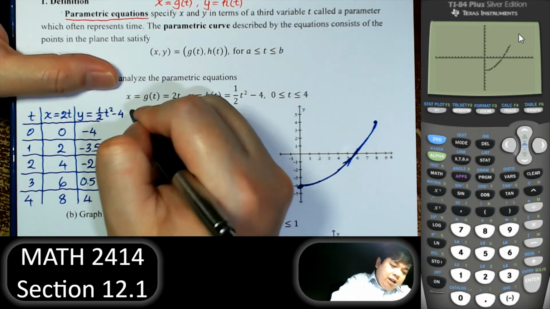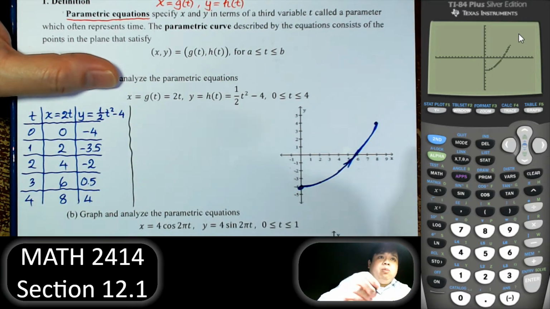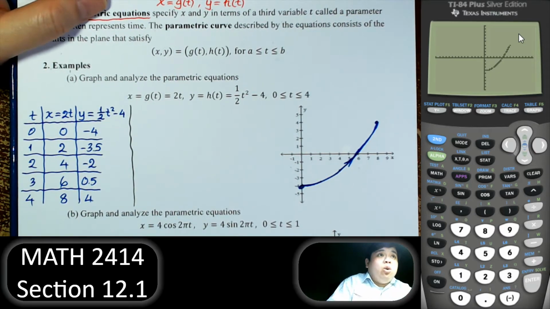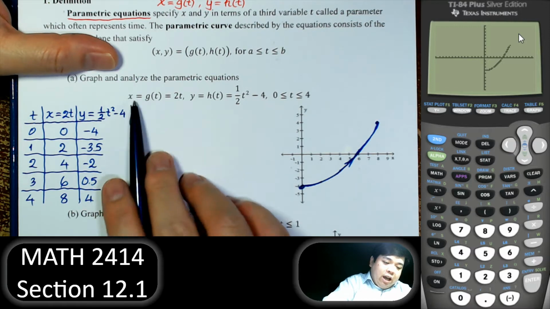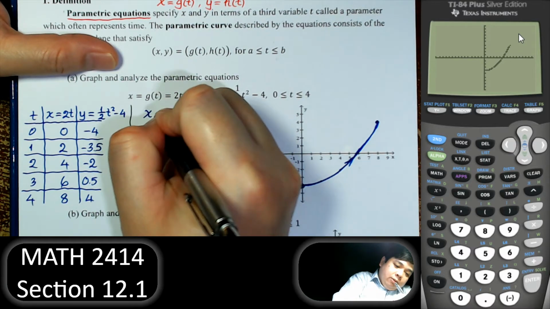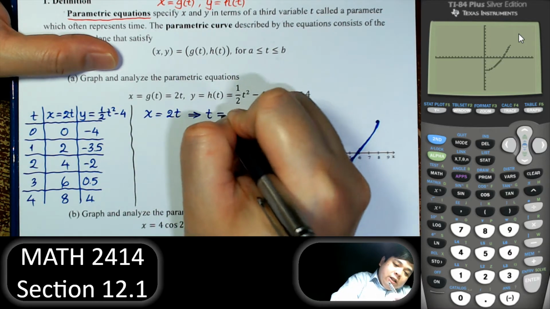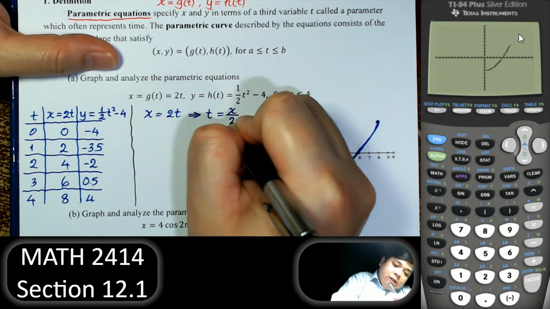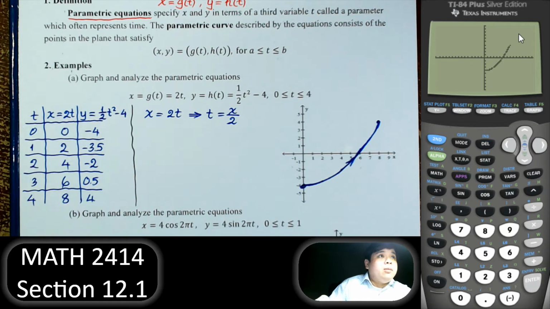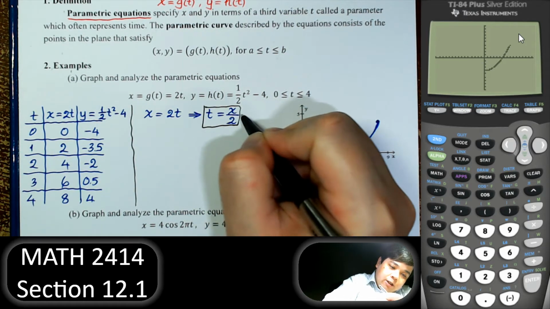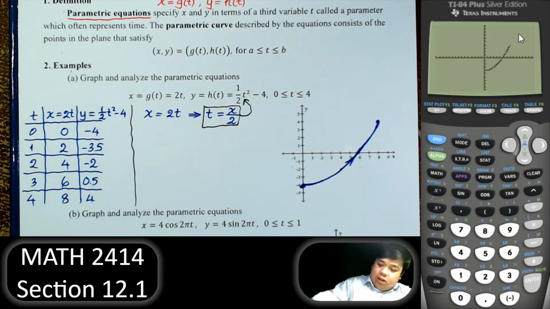Now if we want to actually see what the graph of this is, there's another way to do this. From here, x equals 2t, so we can solve for t: t equals x over 2, and I will substitute this into t.